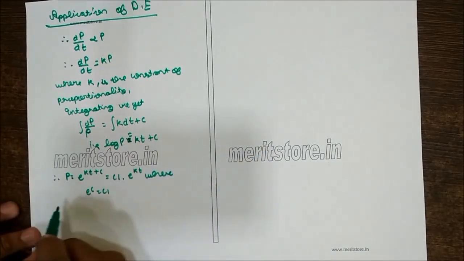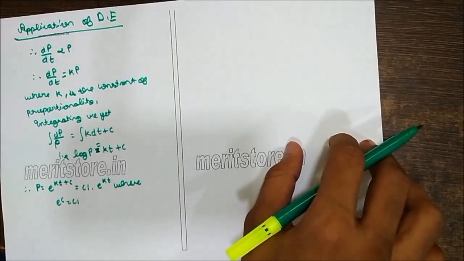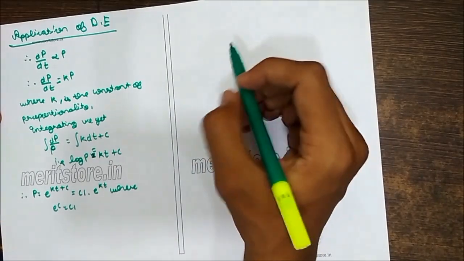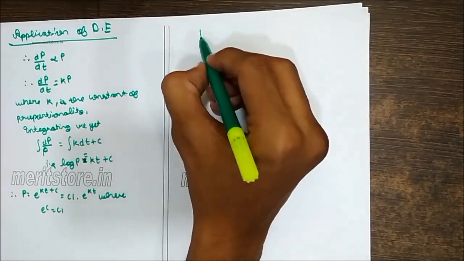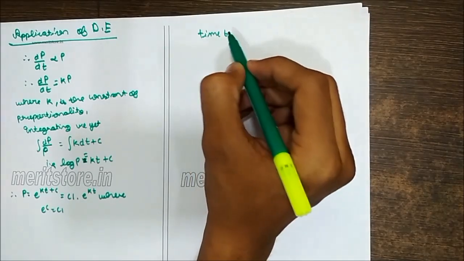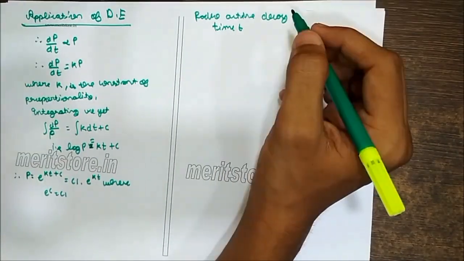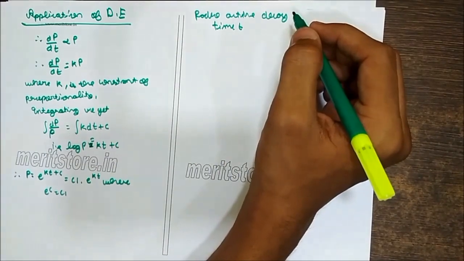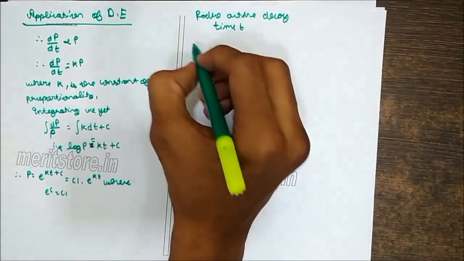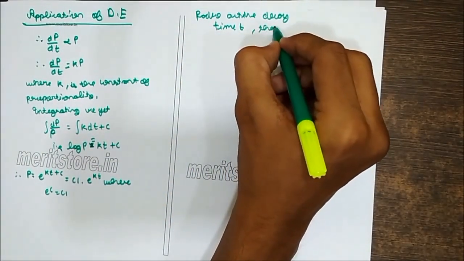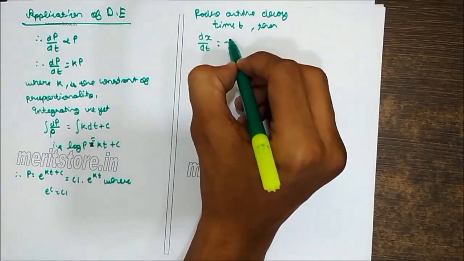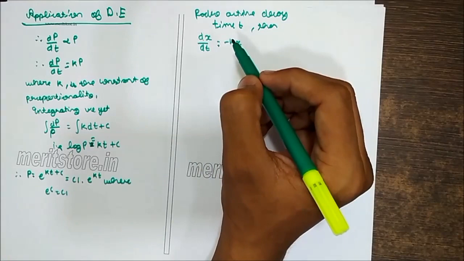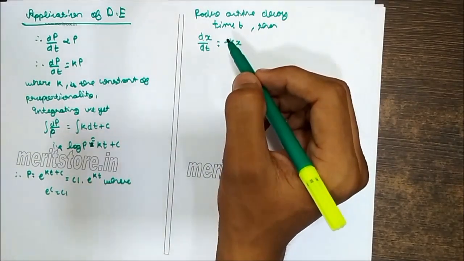Okay, so if x is the amount of any material present at time t, then dx by dt is equal to minus kx, where k is the constant of proportionality and k is greater than 0.